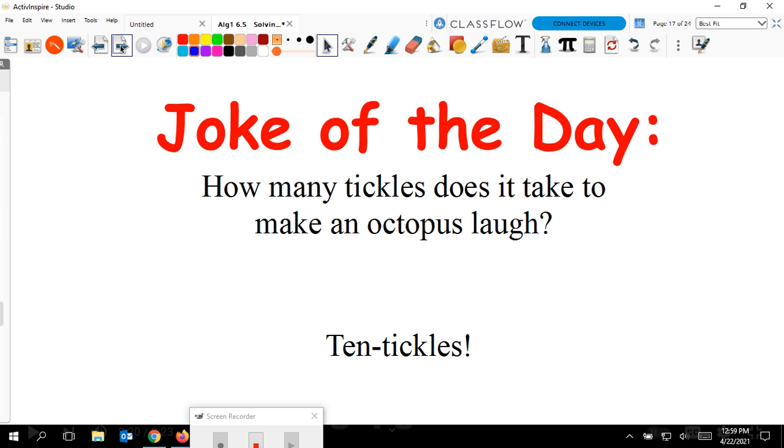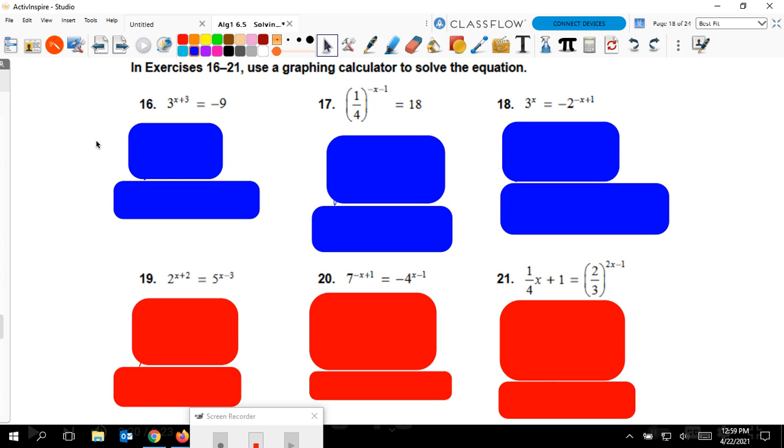Okay, heading on to our next section. They're now going to be looking at using a graphing calculator to do these ones. So these problems here, it's still an exponential equation. The only difference is it's going to be a little bit harder, perhaps, to get this to be the same base. As you can see on this one, we do have a 9 here, but we have a negative 9.